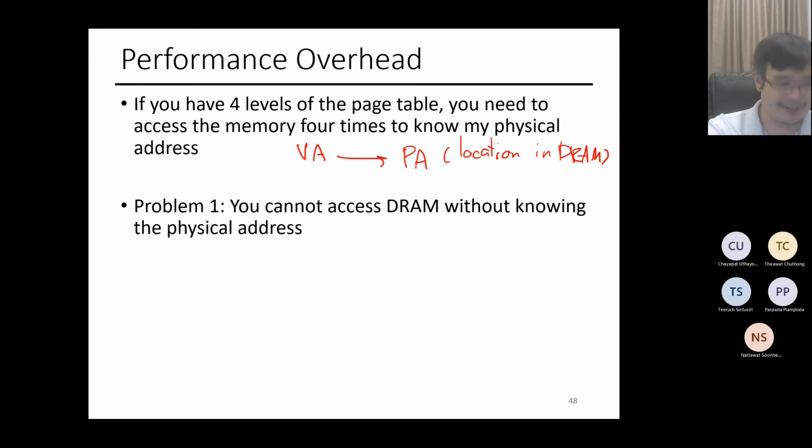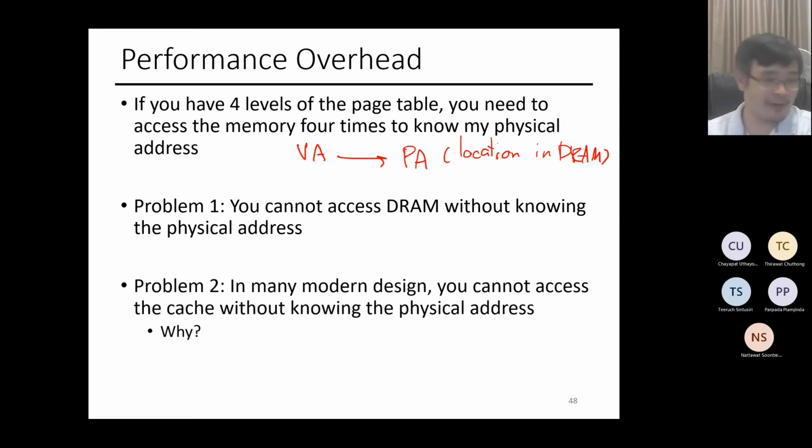That's bad, right? The second problem: you have a cache in modern chip design, but you need the physical address for the tag. We will talk about why, and how we deal with this. But that's the second problem. You cannot even go to the cache unless you have the physical address.